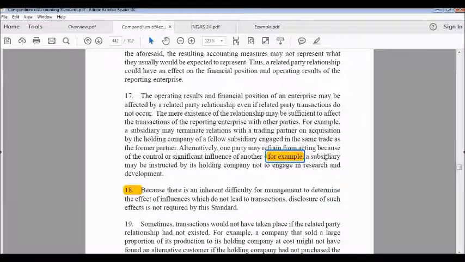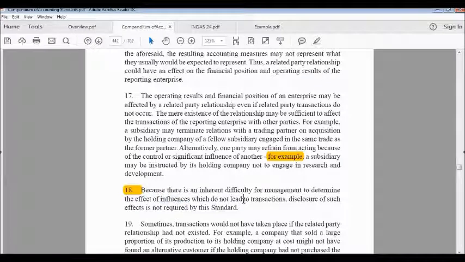A subsidiary might be instructed by its holding company not to engage in research and development. Because the holding company is instructing the subsidiary not to engage in research and development, the operating and financial position of the subsidiary can be majorly affected. But paragraph number 18 is saying that there is an inherent difficulty for management to determine the effect of influence which does not lead to transaction.